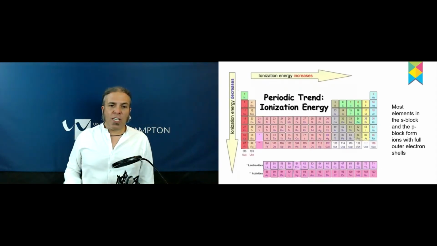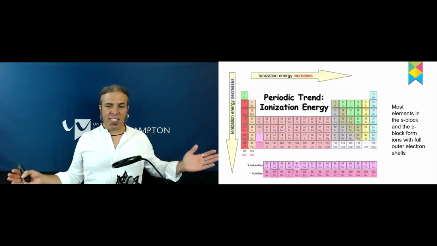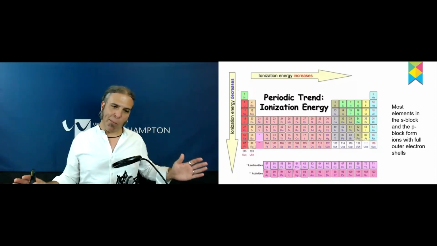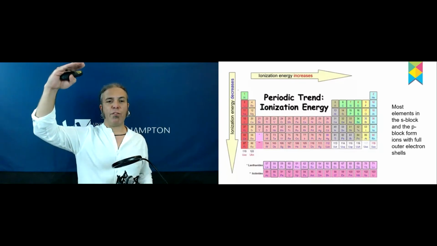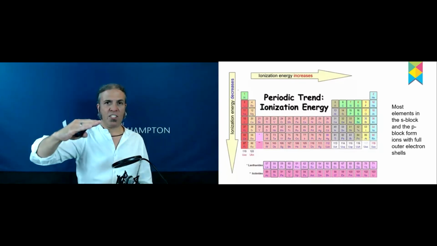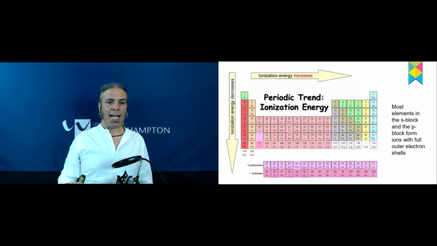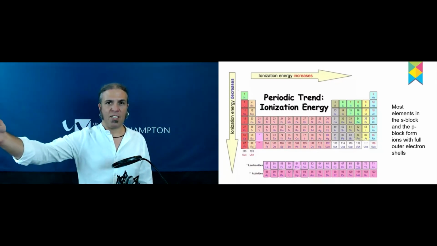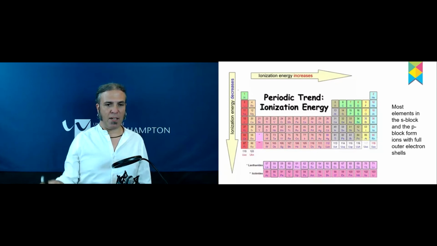Now, if we look at trends in the periodic table, because it is magic, and it tells you lots of things if you look at it properly. As we move down periods, down the periodic table, ionisation energy decreases. It's easier to cause those electrons to be lost.